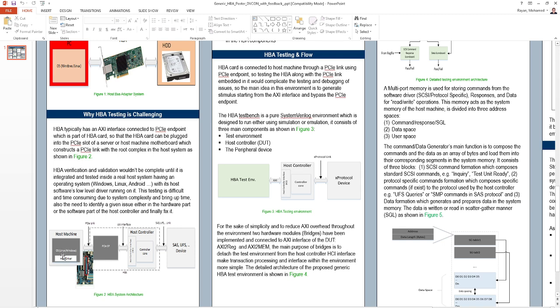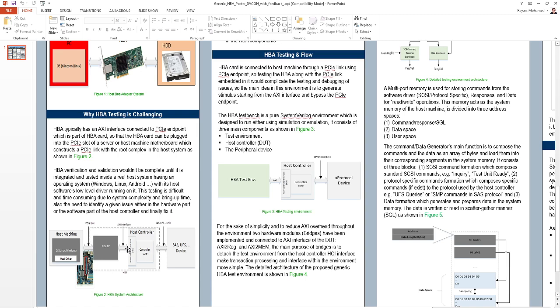The host machine sends PCIe transactions, memory read or memory write, and so on, to the PCIe endpoint, which translates them to an AXI interface that drives directly to the core of the host controller. On the other side, the host controller is connected through a protocol link to the peripheral. Sometimes it is SAS or UFS and so on.